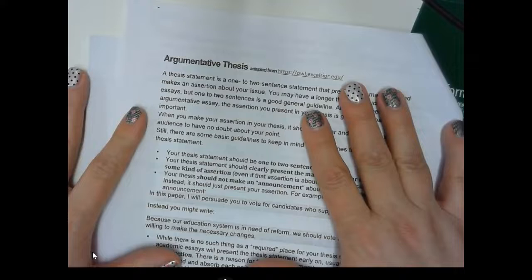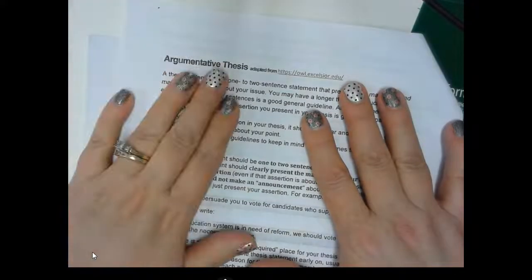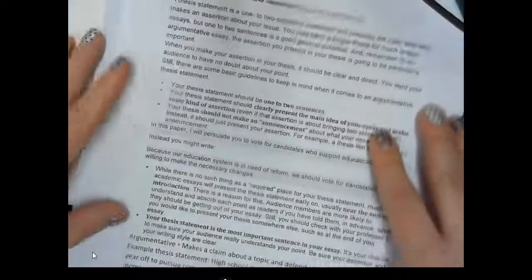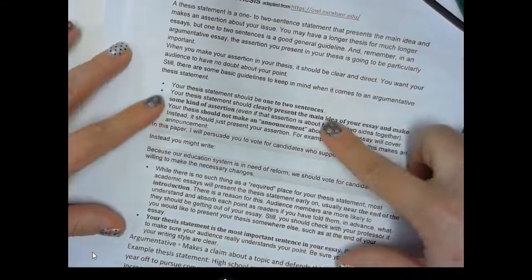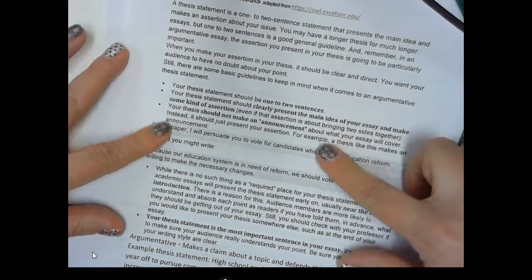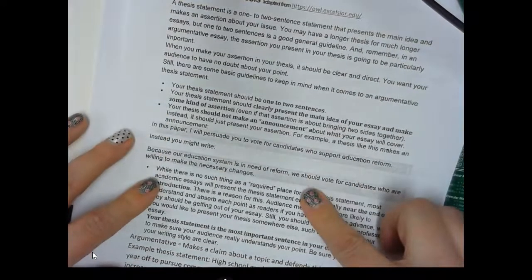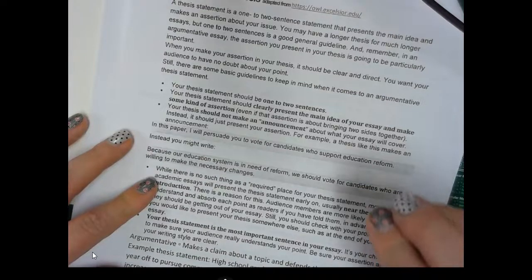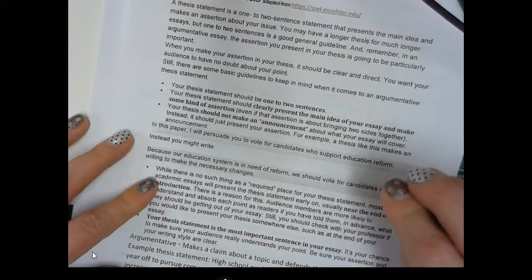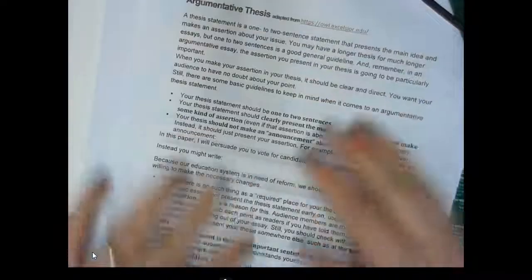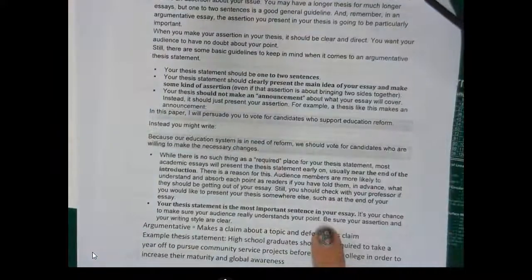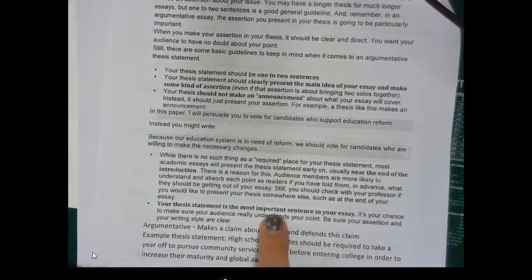And I don't know who would say that, but someone may say that, so that's why it's argumentative. So this tells you a little bit more specifically about what goes into this type. So again, we're not writing an informational research paper. We're writing an argumentative research paper. So think about the thesis as our most important sentence.